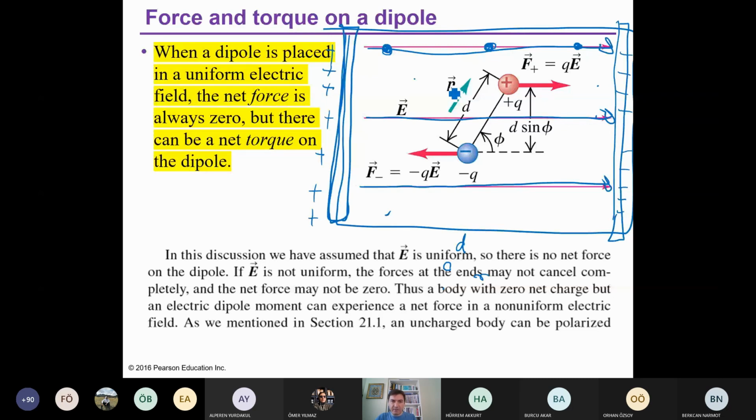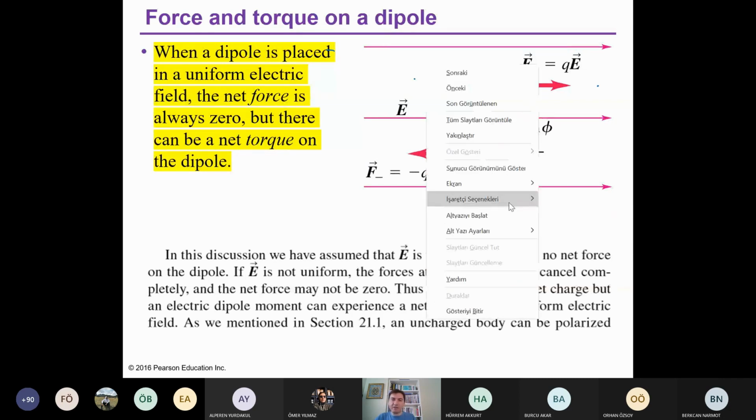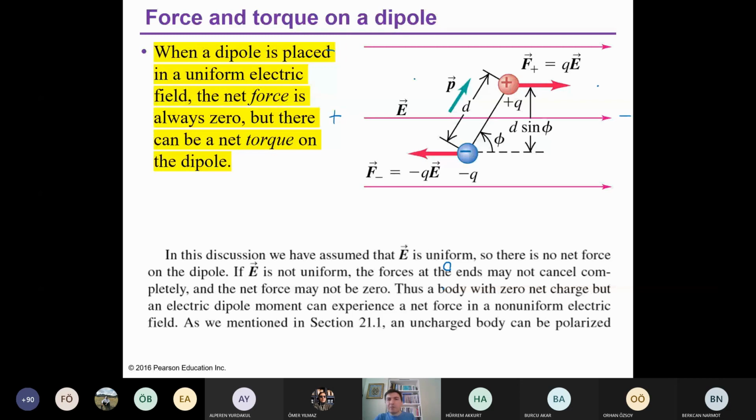Then I will explain the mechanism. So I have parallel plates and I produce this electric field, shown by the red color, let's say. This is the electric field direction from this side to this side. Then I put here an electric dipole. This is the positive side of the electric dipole. This is the negative side of the electric dipole. And this is the electric dipole moment of the dipole, okay? This is the distance between the charges in the electric dipole. Due to this electric field, there is a force acting on the positive side of the dipole.